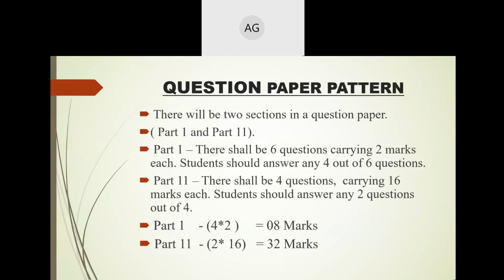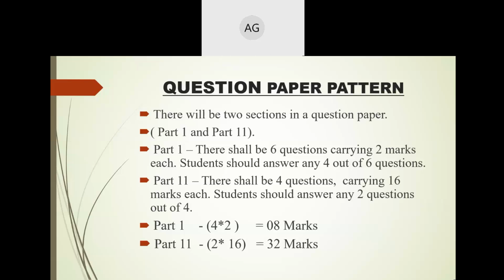There are 2 sections, section A and section B. In section A, you will have 6 questions carrying 2 marks each, small questions, wherein you have to answer only 4. In part 2, you'll be having 4 questions carrying 16 marks each, big answers, wherein out of 4, you have to answer only 2.